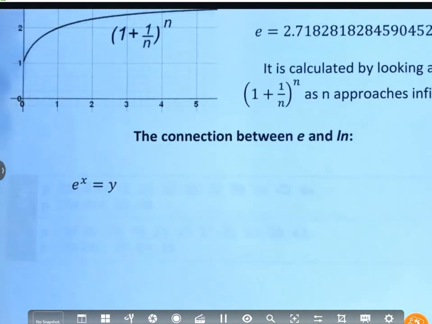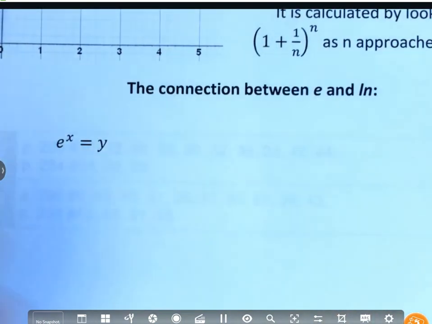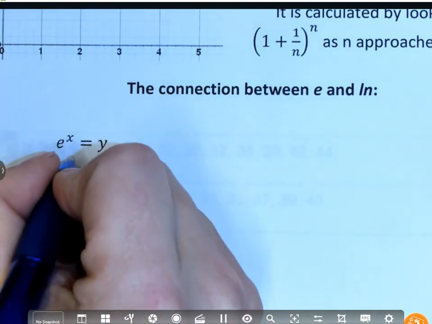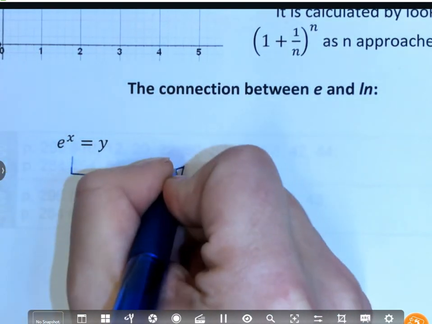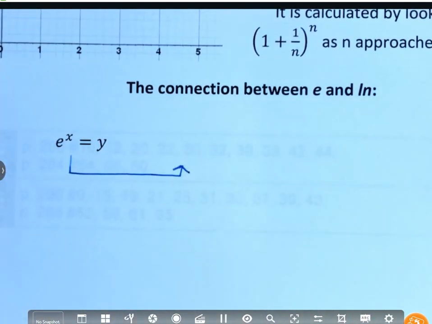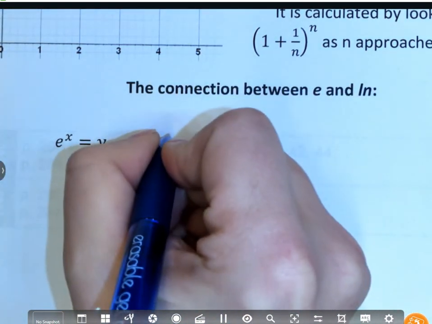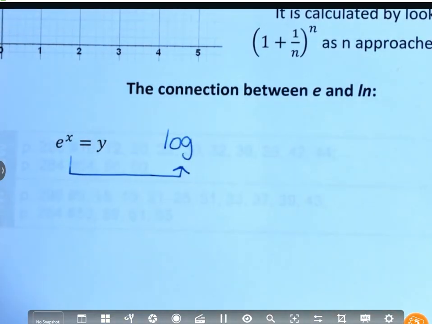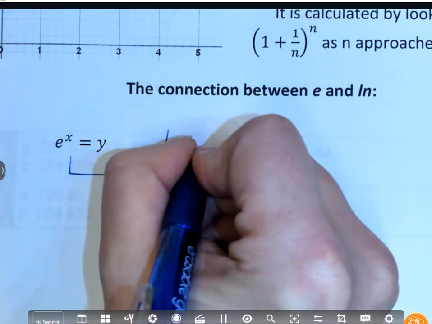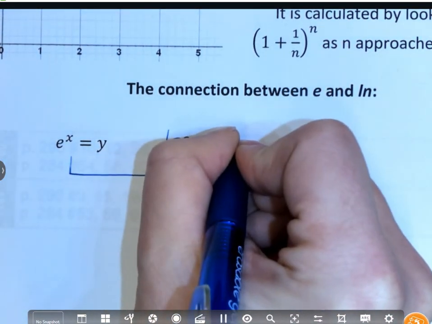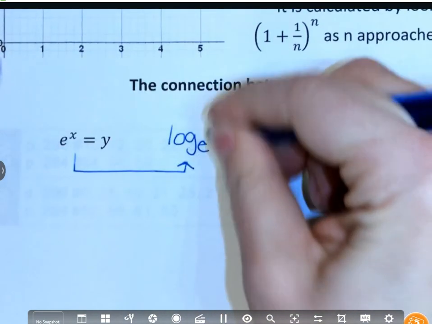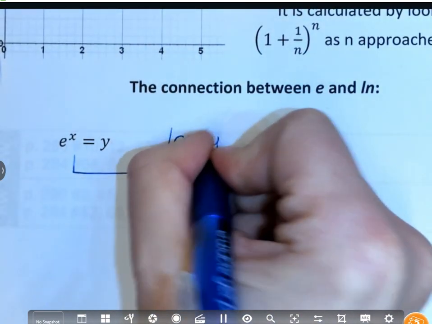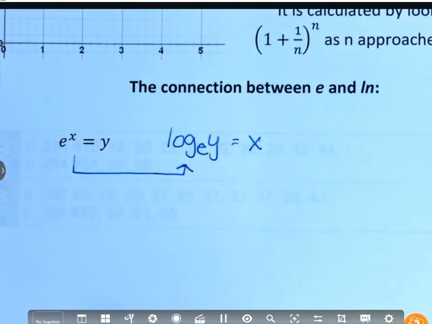What I need you to understand is the connection between E and ln. If I were to take e to the x equals y, and I were to write that in logarithmic form, I would say log base e of y equals x.